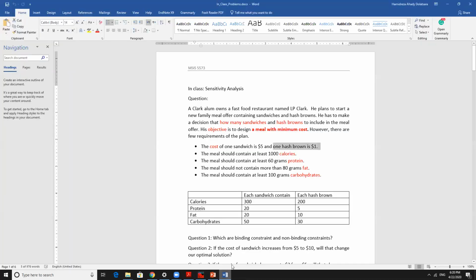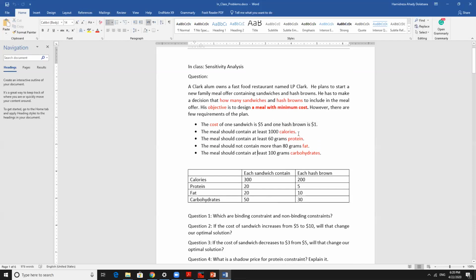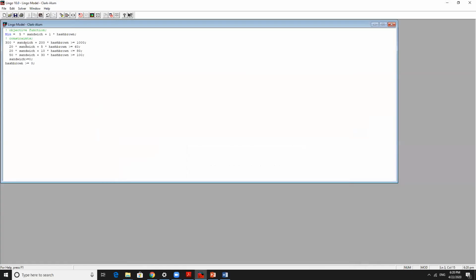My first constraint is that it should be at least 1,000 calories. I know each sandwich has 300 calories, and each hash brown has 200 calories. Having said that, 300 times sandwiches plus 200 times hash brown, more or equal 1,000 calories.